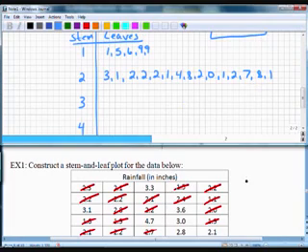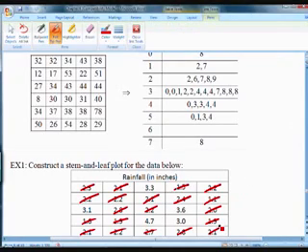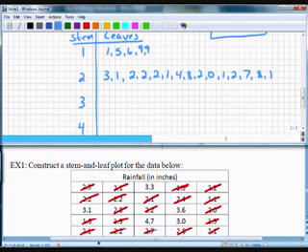There are lots of leaves for 2. Do what? 2.0, right here. Yep.